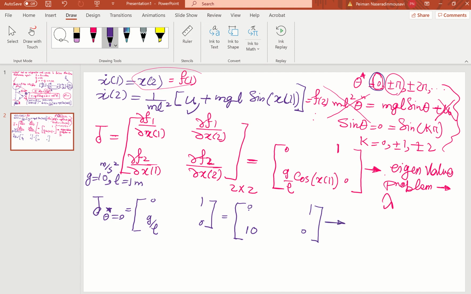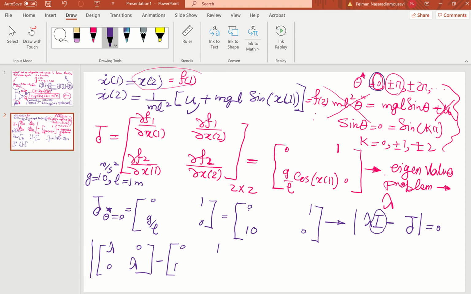So what is the eigenvalue problem? I taught you previously: determinant of lambda I minus J is 0. Lambda I is lambda 0, 0 lambda, the identity matrix, minus J, 0, 1, 10, 0.